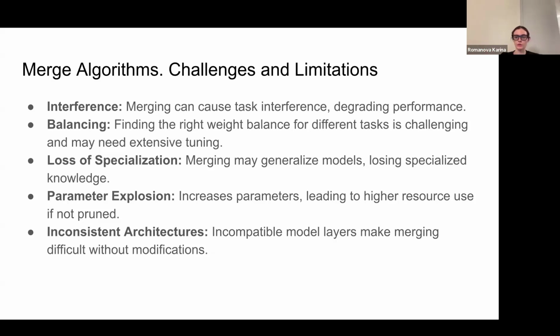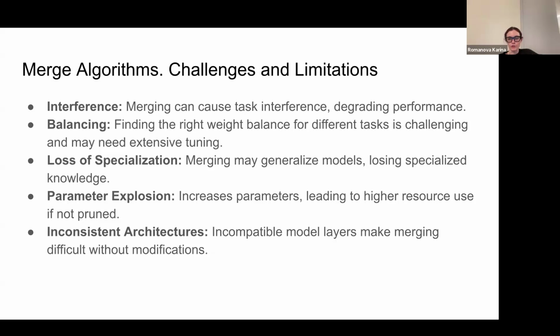Also, combining multiple models can result in a substantial increase in the number of parameters, leading to higher computational and memory requirements.